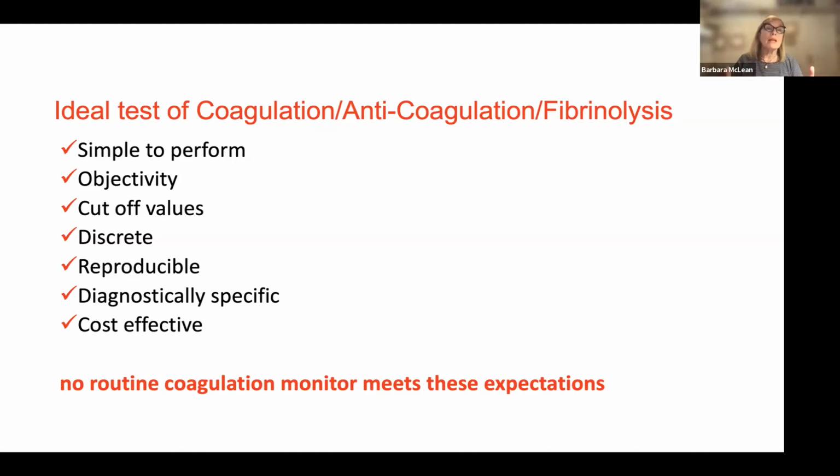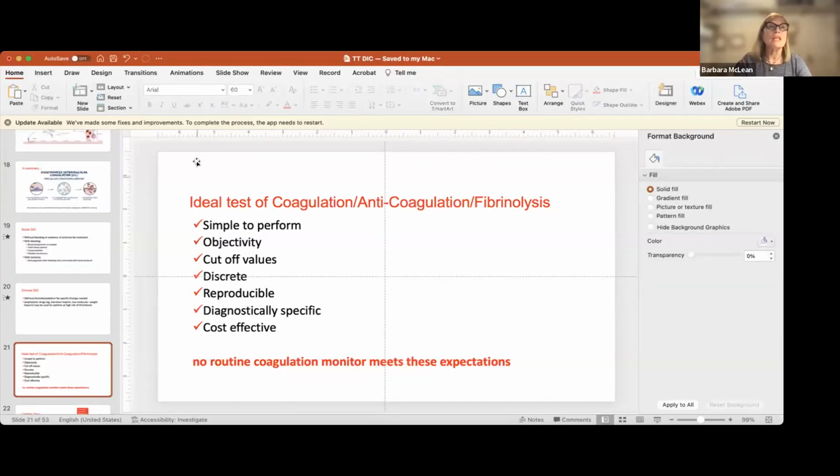So we'll look at utilizing TEG with those patients to really define what your patient needs to actually head off profound bleeding and clotting disorders. Hopefully over time we'll discover that that actually also helped us with DIC.